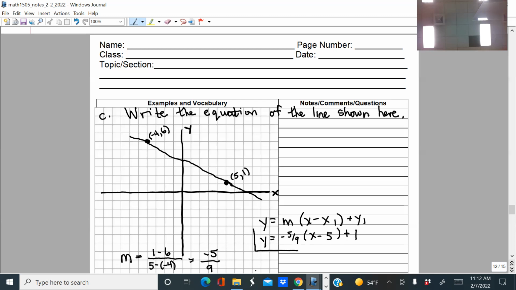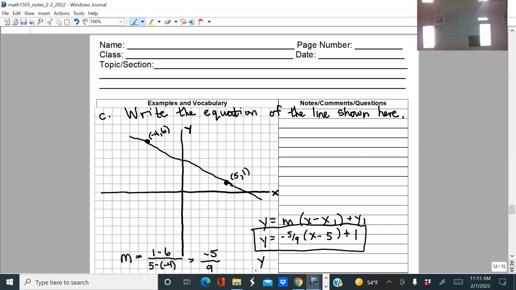That's it. It's just that easy. There's the equation for that line. And unless you're asked to simplify it, you don't have to simplify, just write it down. All right, so there it is written down. Sometimes you will see the point slope form expressed this way.